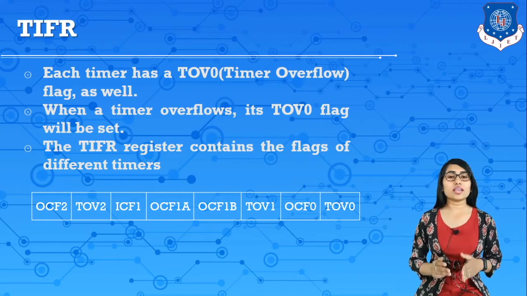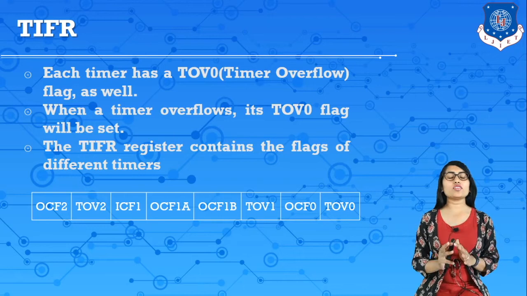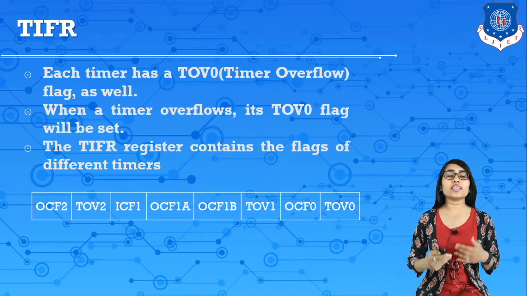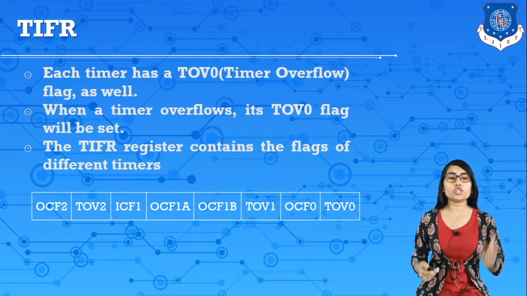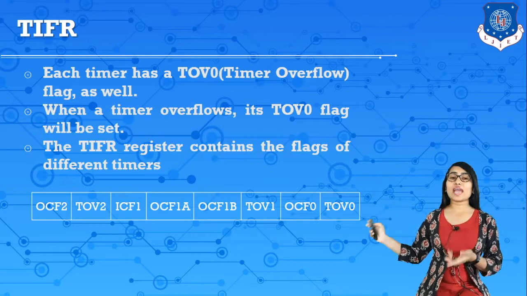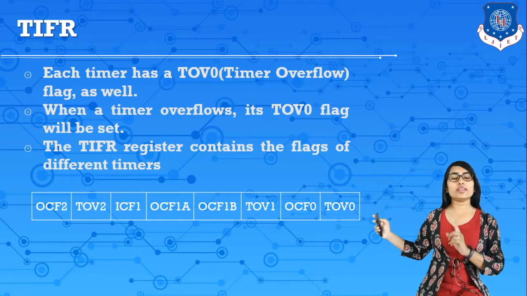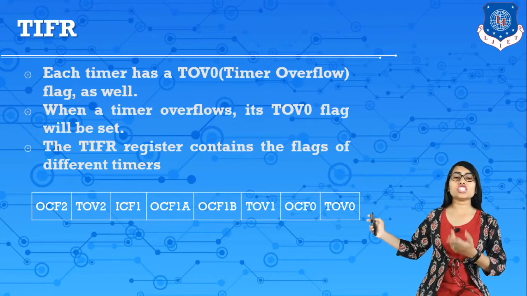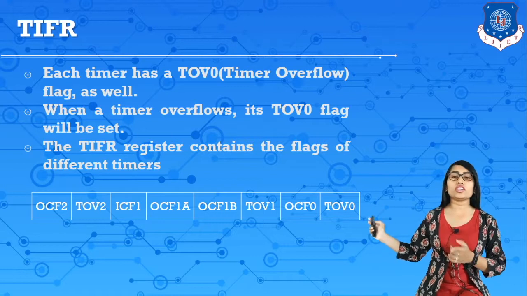The TIFR register contains the flags of all the timers, that means timer 0, timer 1 and timer 2. So here we have OCF2, TOV2, then ICF1, OCF1A, OCF1B, TOV1, OCF0, TOV0.